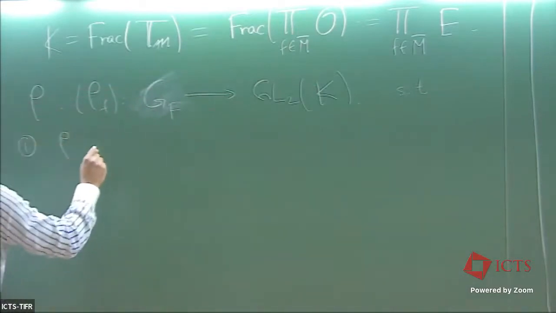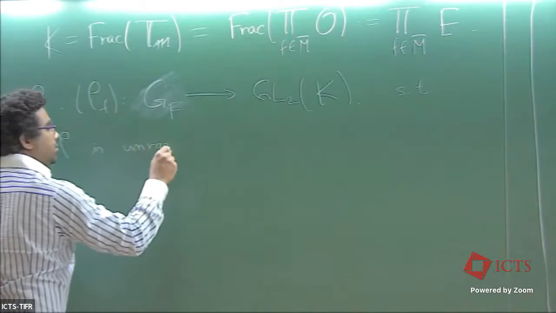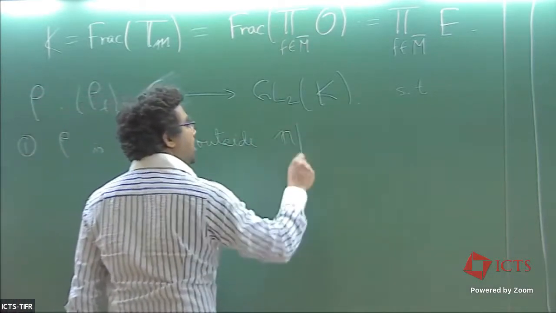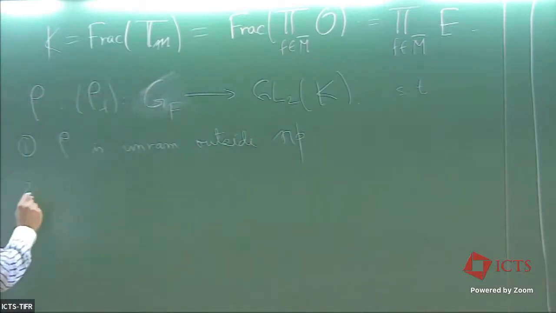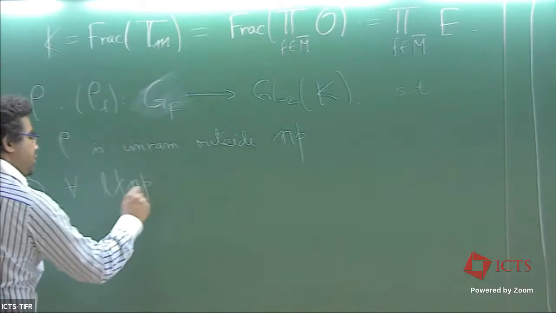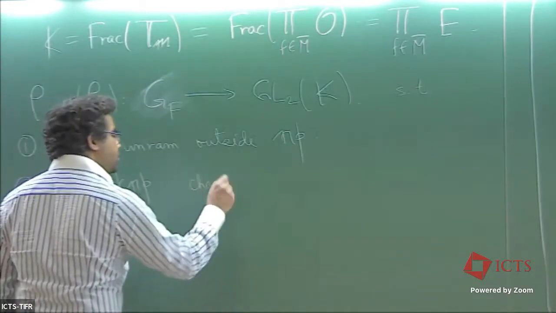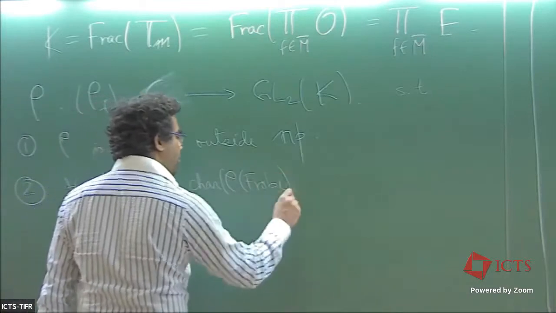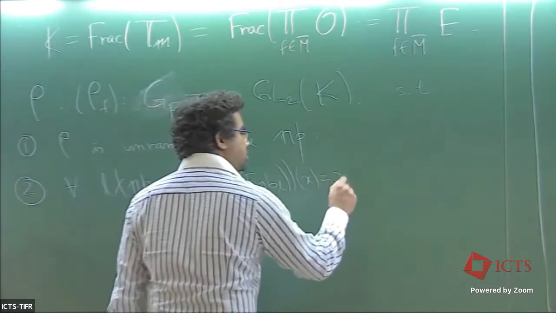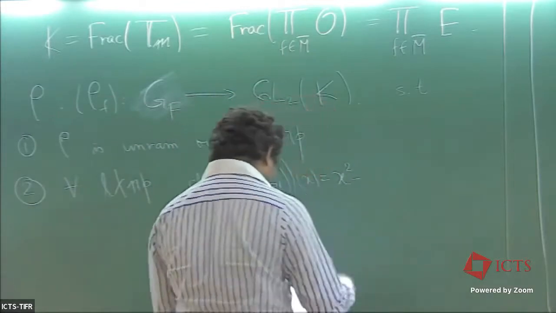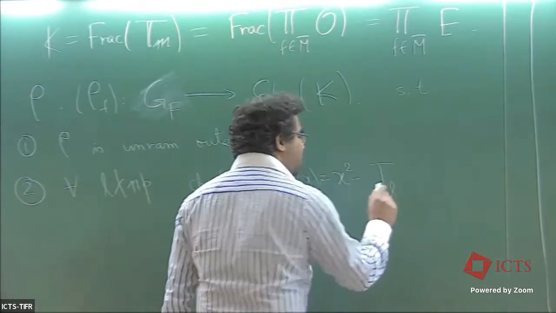So rho is unramified outside N and P. For all L not dividing NP, the characteristic polynomial of Frob L is x squared minus the T_L Hecke operator, right?